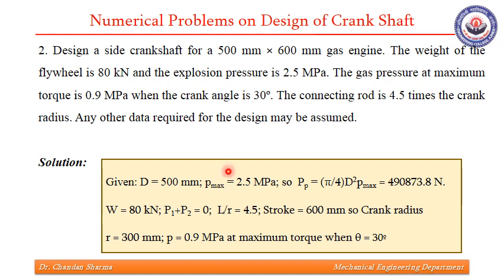So this question will be very helpful in developing an understanding of the design of side crankshaft questions and what data we need to assume when they are not given in the question. So these are the data that is given in the question. Now let us see which data is not given and how we'll assume that data.